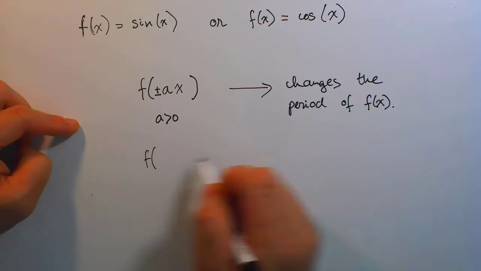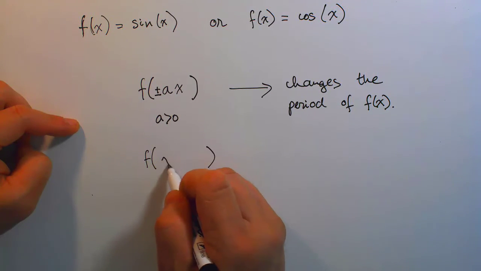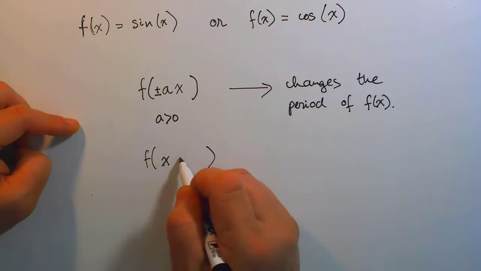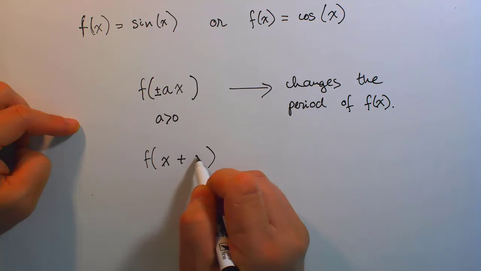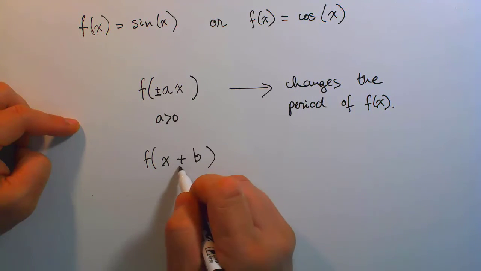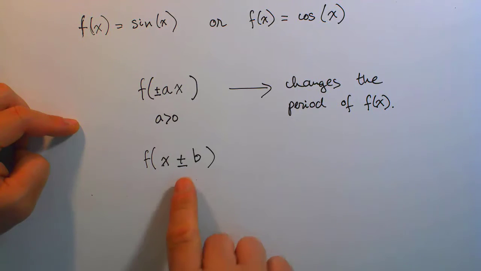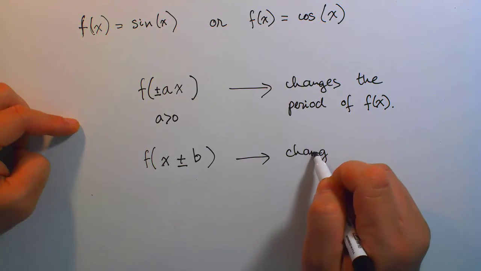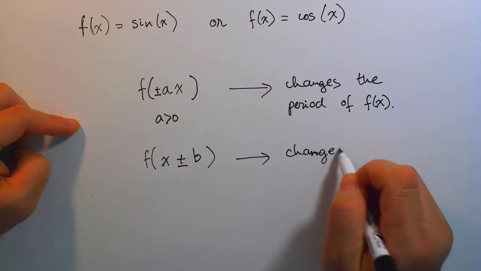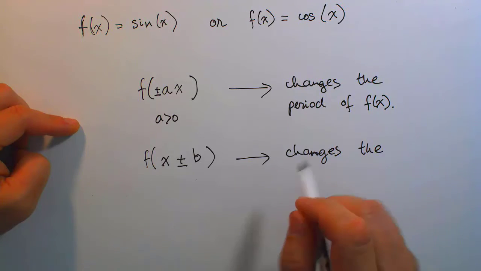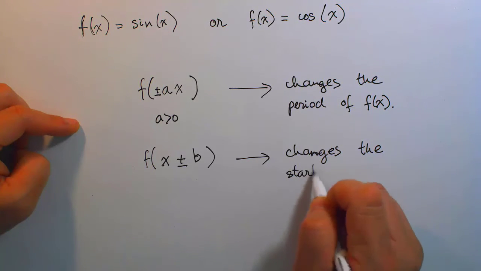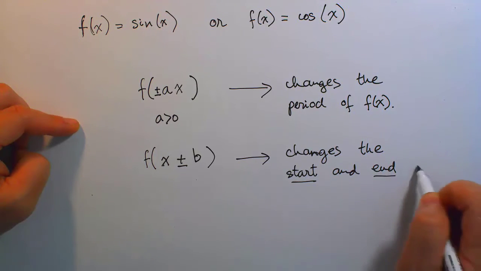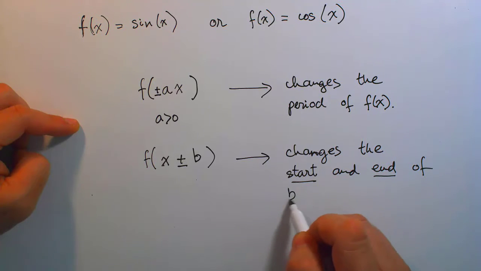And also we learned that when the input of our function is being substituted by x plus b or x minus b, then doing any of this changes the start point, the start and end of the base unit.